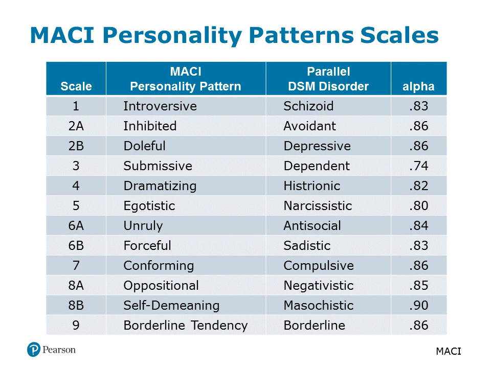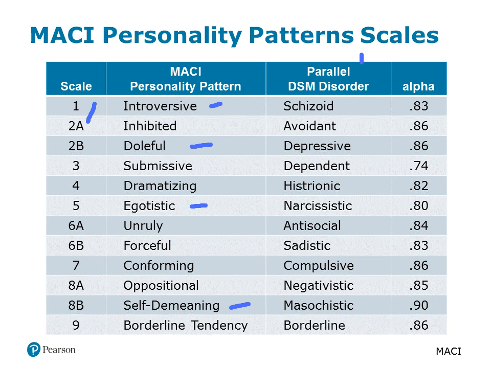And if some of you are familiar with the Millon inventories that we use for adults, the MCMI-4, for example, you'll recognize some of these parallel DSM disorder names. On the MACI, we have 12 what we call personality pattern scales. And those are numbered, and you'll notice the label for each personality pattern: introversive, scale 1, doleful, scale 2B, egotistic, scale 5, for example, self-demeaning, scale 8B.